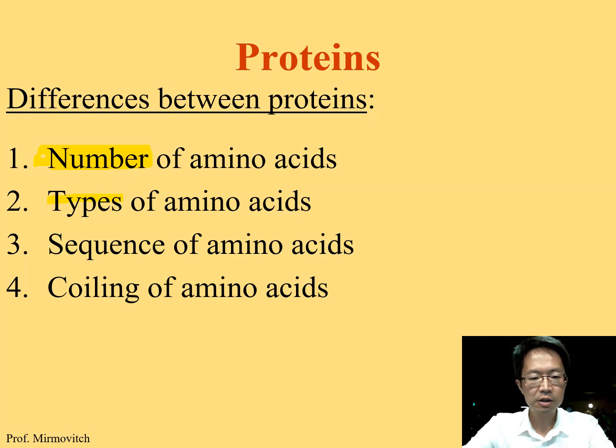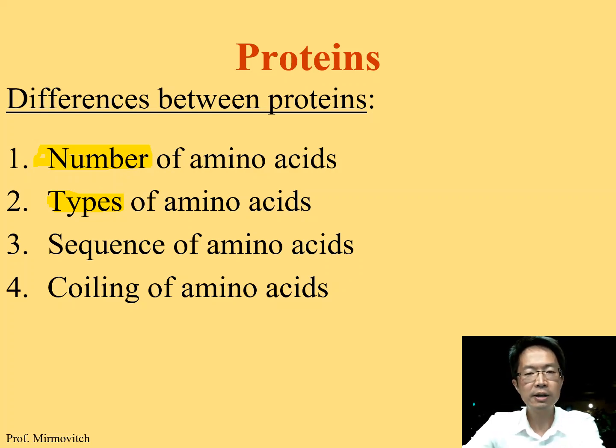And the second one is called the types. Types, what does it mean? For example, you may have one polypeptide chain that has all the essential amino acids. The other polypeptide chain may have all the non-essential amino acids.